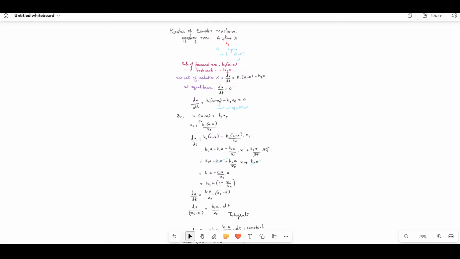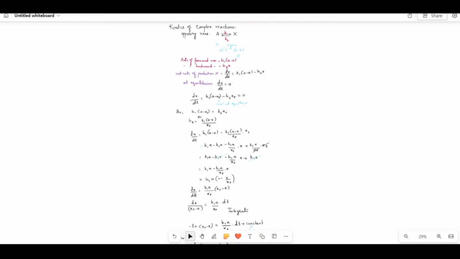This is our kinetics of complex reactions.